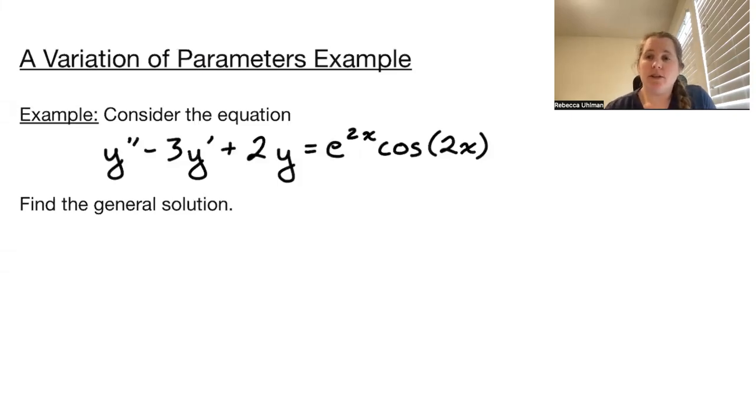Welcome to a variation of parameters example. So let's consider the equation we solved previously using reduction of order: y'' - 3y' + 2y = e^(2x) cos(2x). Our job is to find the general solution.